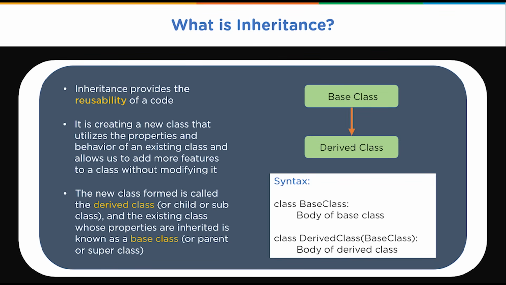And whenever there is a reference to a parent or a superclass, it means we're talking about the base class, right? Now, with this idea, let's move ahead and look at the different types of inheritance which are possible in Python.